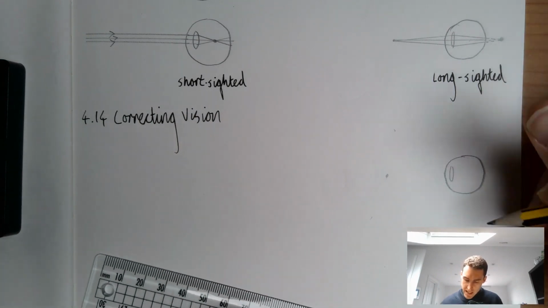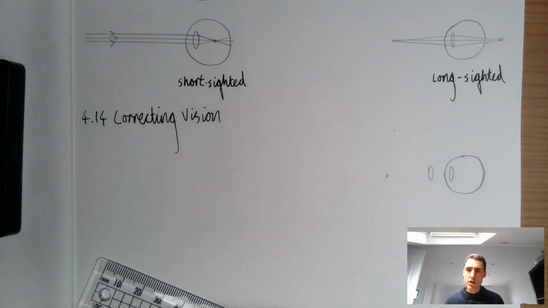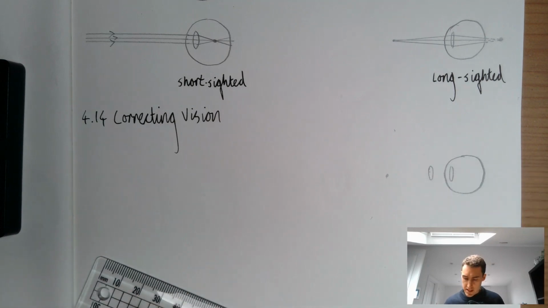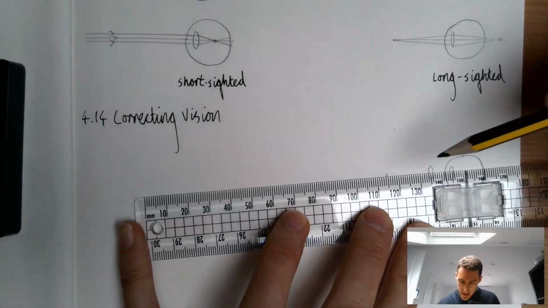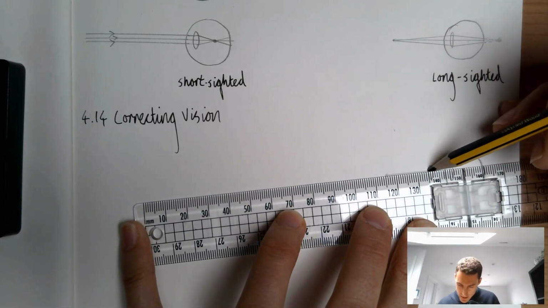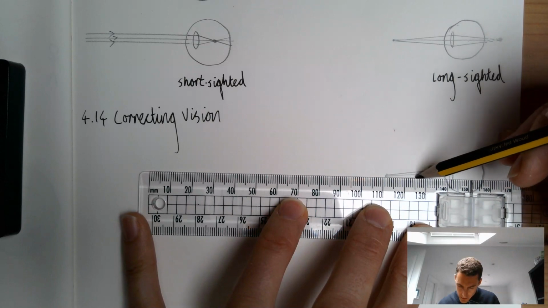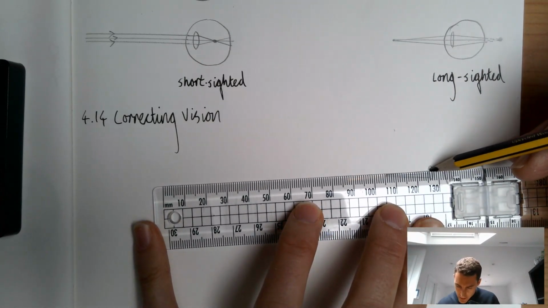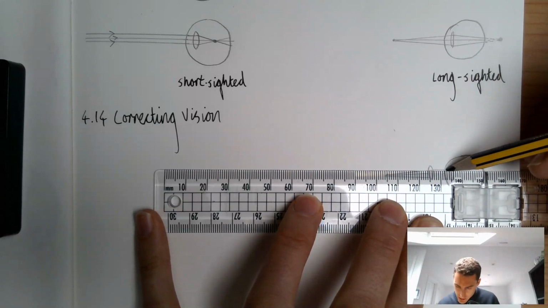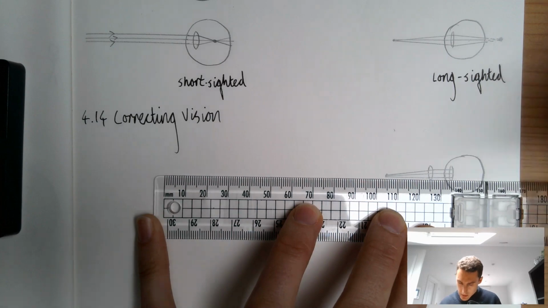So what we've got to do is add another, and I'll do it as a relatively thin one, another convex lens in order to do a bit of extra refraction before the light gets there. So what I can do is show this. If I do it like this, you can illustrate to students that you get a bit of refraction there, so the light essentially is coming in as if it's parallel, like that.